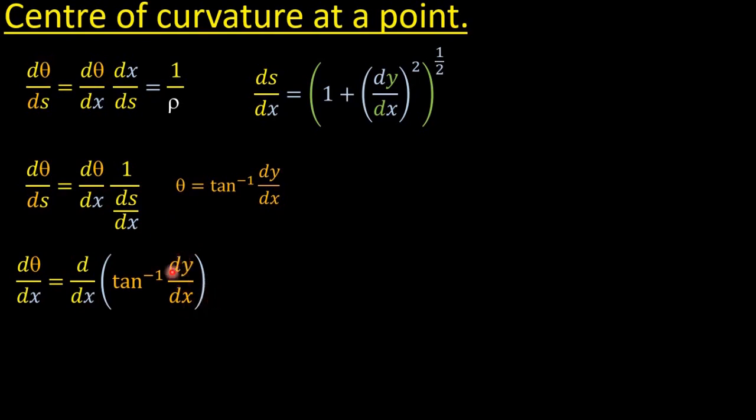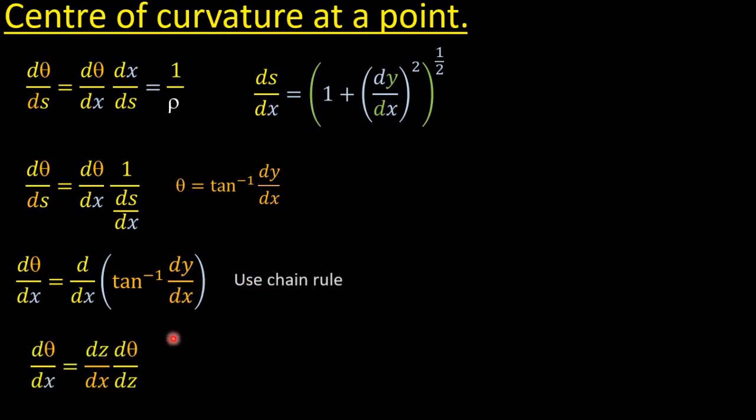Because I've got a function of a function, I have to use the chain rule. So dy dx is a derivative, but it's also a function. Let's say, for example, if you took a function of x squared and then differentiated that, you'll get 2x. 2x is the derivative, but you can also say 2x is a function. So this dy dx is a function, so we have a function of a function, and we need to use the chain rule.